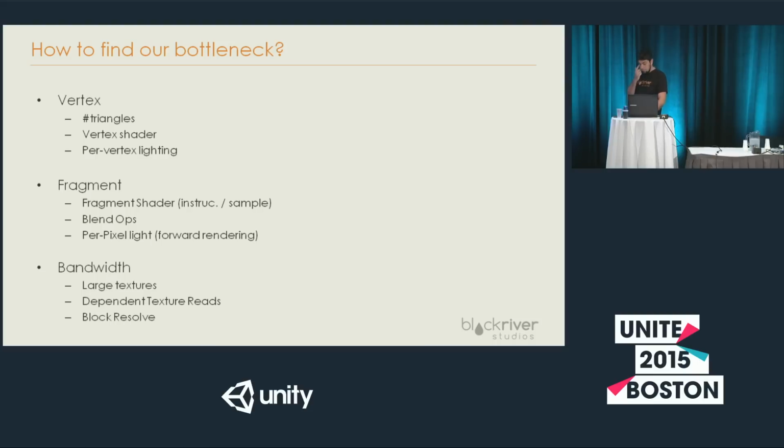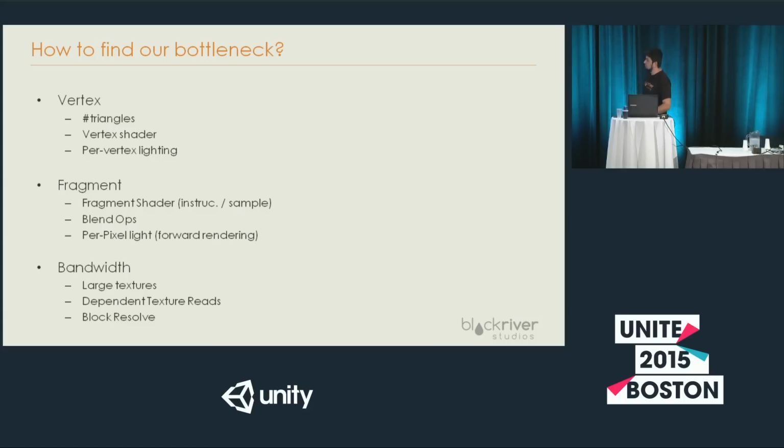Or you can be bandwidth bound. That is, you're using large uncompressed textures with no mipmaps, or dependent texture reads, where you sample a texture to do another sample in another texture. That's bad for the GPU because the GPU tries to cache the UV that comes from the vertex, which saves a lot.